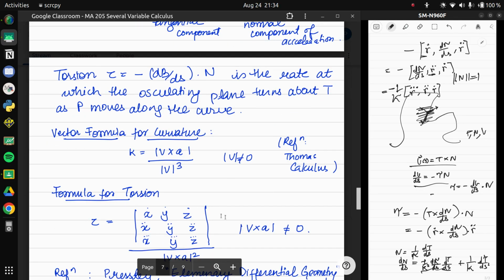Yeah, okay, so they flipped it. They flipped r triple dot with r dot, and that dissolved the negative sign. What about the kappa? So the kappa is just the magnitude of dt by ds, which is just the magnitude of r double dot, right? Yeah, so that would just be the acceleration.